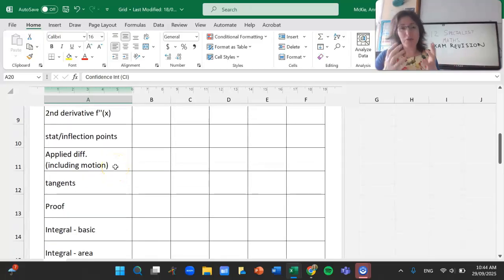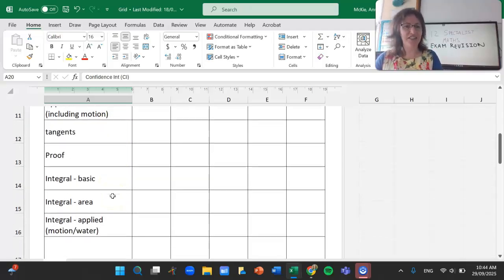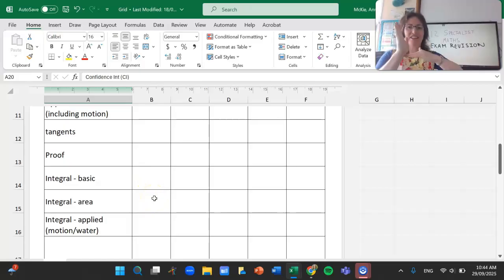Applied questions, they'll be worded questions, so they're fairly easy to spot. If there's a proof, that's often easy to spot. Integral basic, that's often maybe at the start of the exam, just crunching some numbers on that. By integral area, what I mean is you might have a graph and you've got, say, an upper function and a lower function, and you have to do the top one, subtract the bottom one.